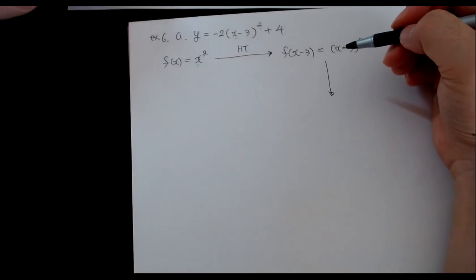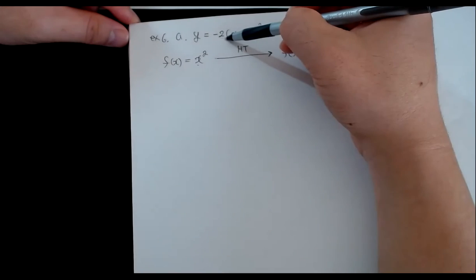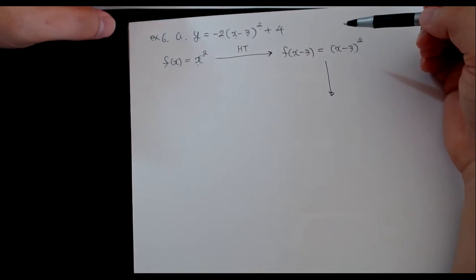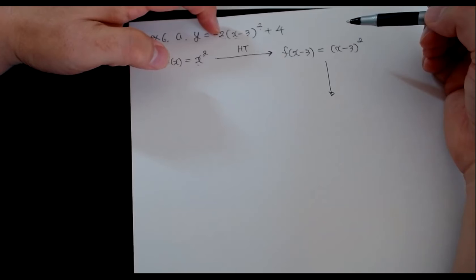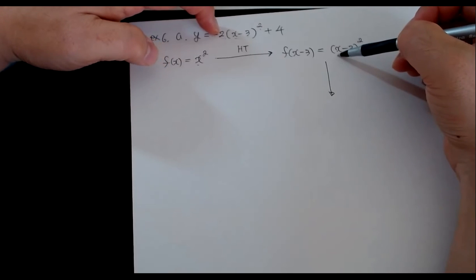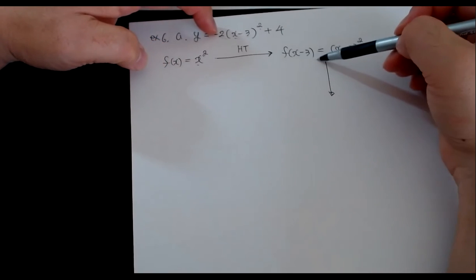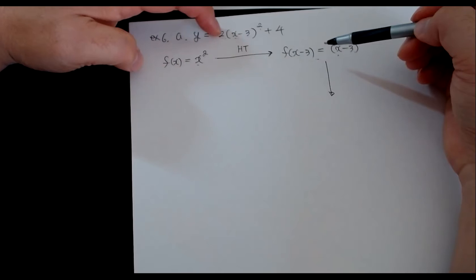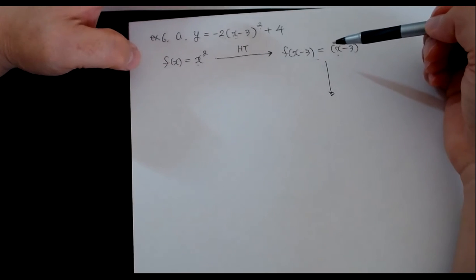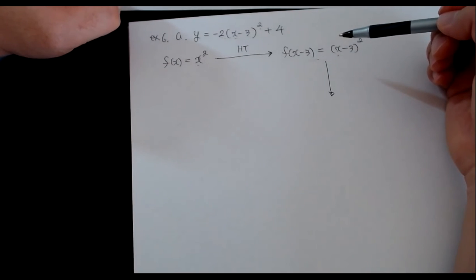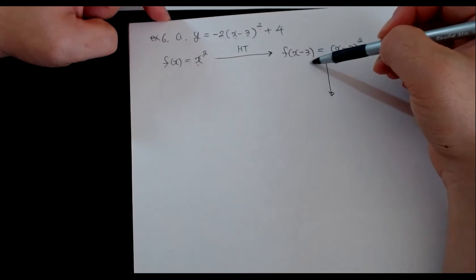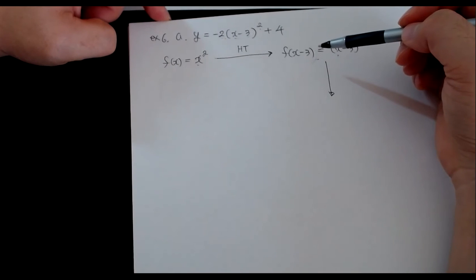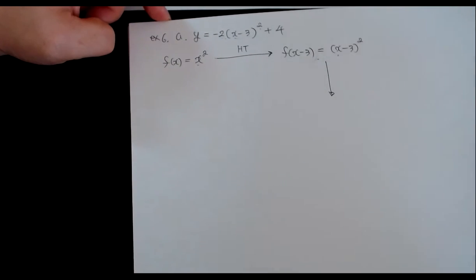And then we apply the stretching or shrinking. You see that 2? To get 2 from here, we multiply f of x minus 3 by 2, right? So 2 times a function is what? Stretching the graph of f of x minus 3 by a factor of 2.